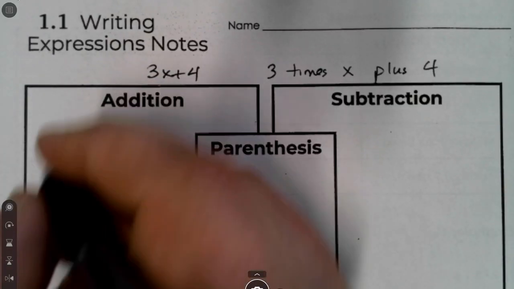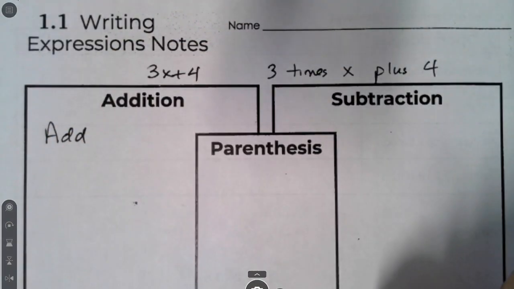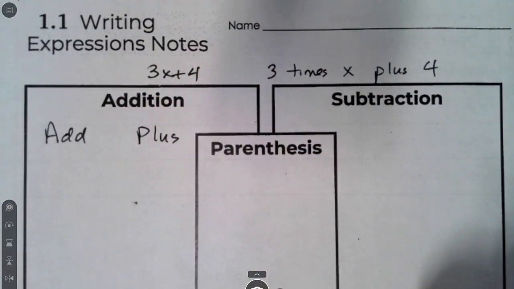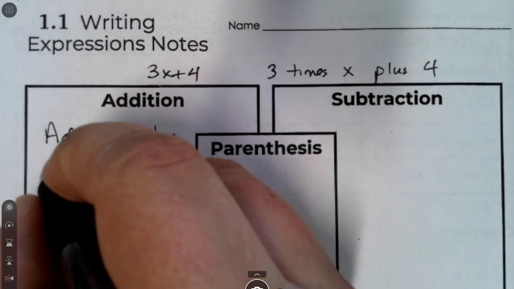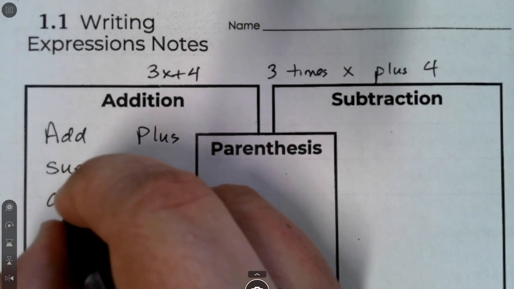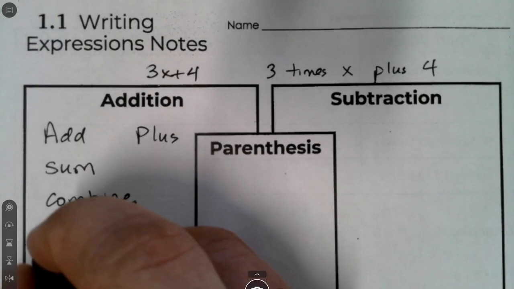So for addition, obviously the word add, the word plus, sum, S-U-M, that's the result of adding these together. The result is a sum. Combine can also mean addition.